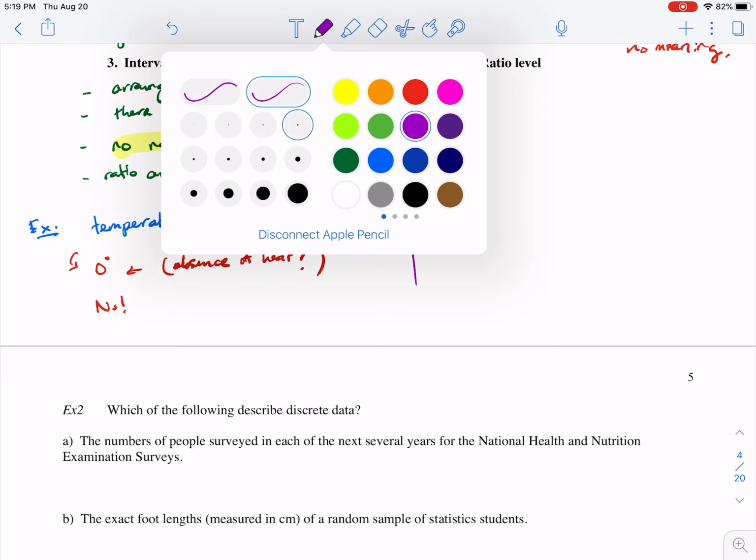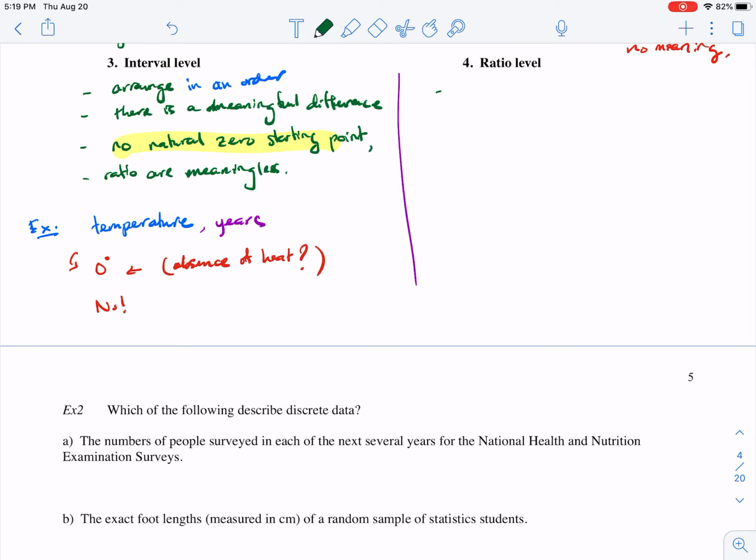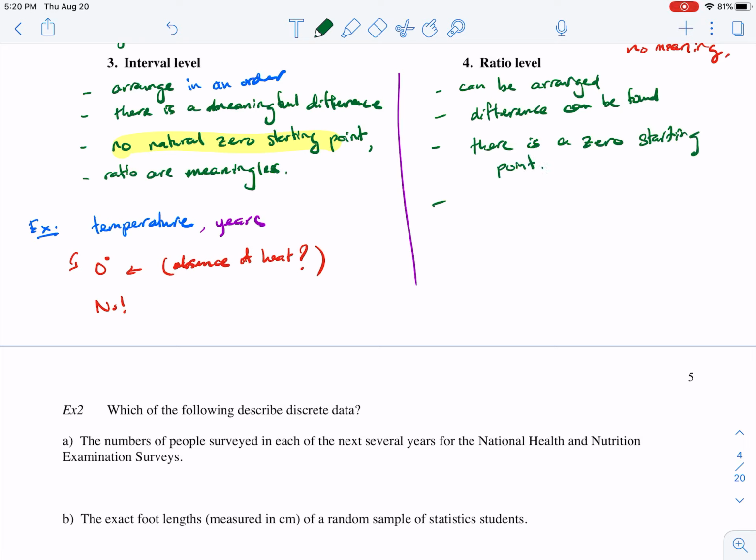Next, ratio. Data at this level can be arranged, and differences can be found and are meaningful. There is a natural zero starting point, and ratios are meaningful.